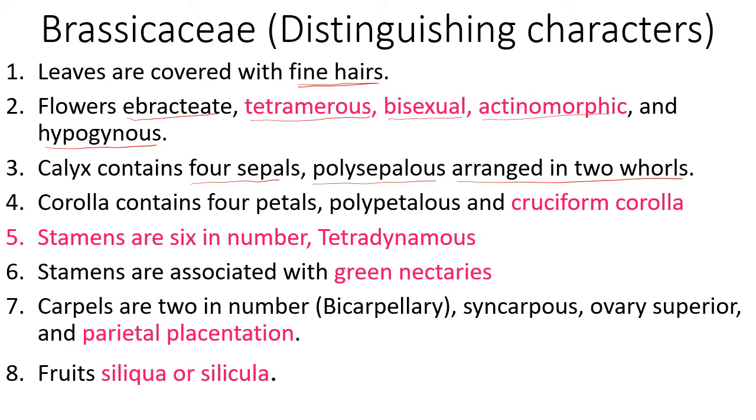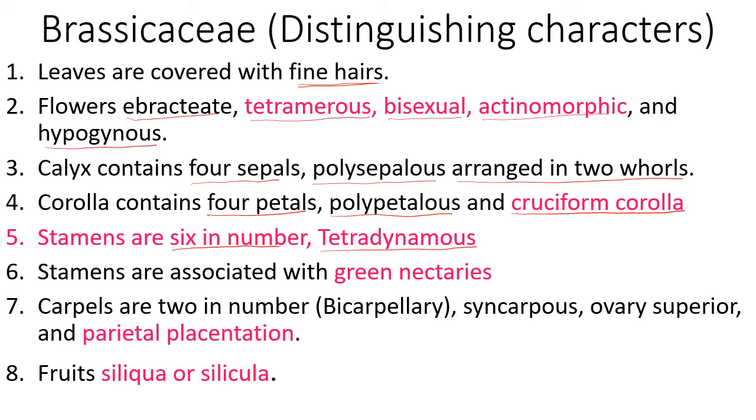Corolla contains four petals. It is polypetalous and the form of corolla is cruciform, where four petals are attached in crosswise manner. Stamens are six in number, and the condition is called tetradynamous, where four stamens have long filaments and two stamens have short filaments.